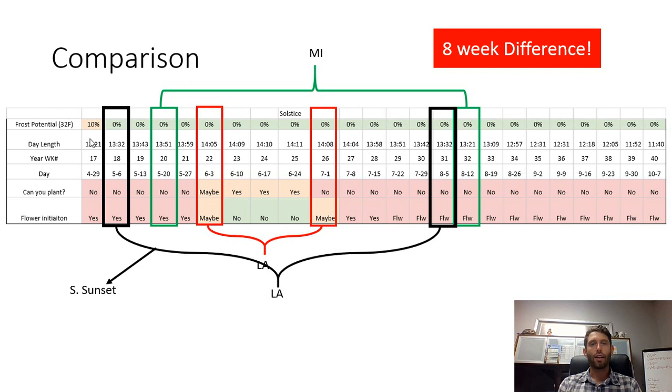And that's because Southern Sunset has a response time of 13 hours and 20 minutes, not 14 hours. So now the grower in Louisiana can be competitive in plant size and yield per acre when planting the same crop density as the farmer in Michigan.